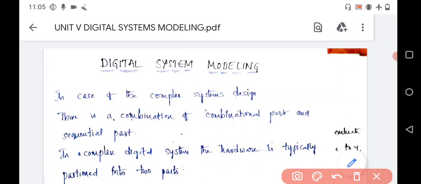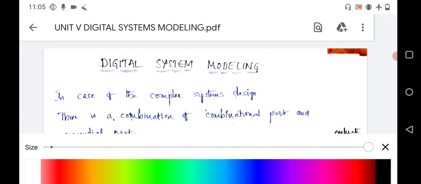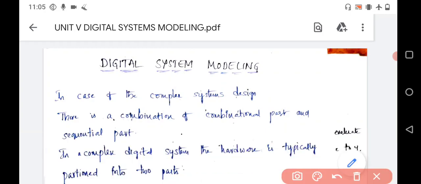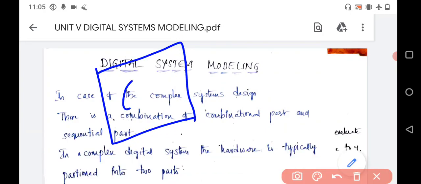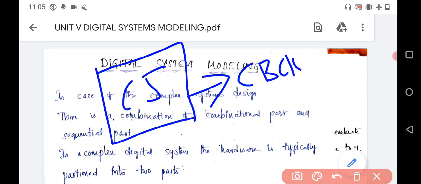A complex system is a combination of both combinational circuits as well as sequential circuits. So within a single hardware it is not possible to develop the whole complex system.